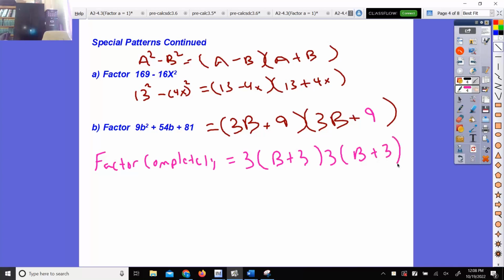So you have 3 times B plus 3 times 3 times B plus 3. You have a 3 times a what? Another 3? What's 3 times 3? This is 9 times B plus 3. How many times did the B plus 3 have? Squared. That's one way of getting to the perfect factorization mechanism.